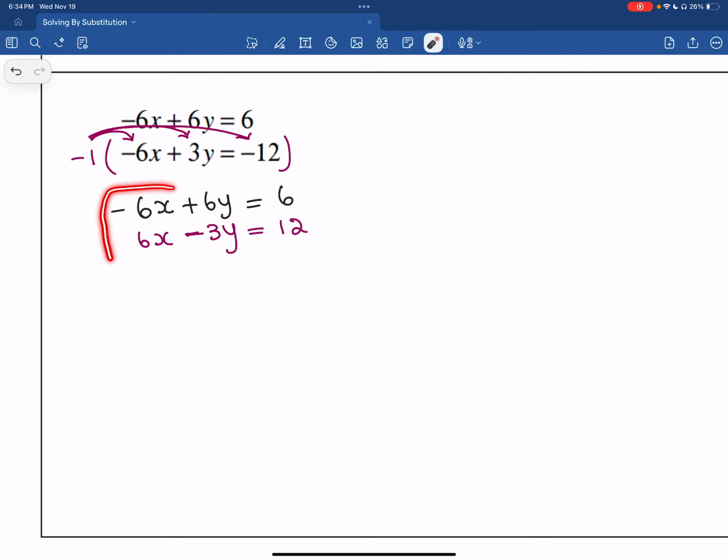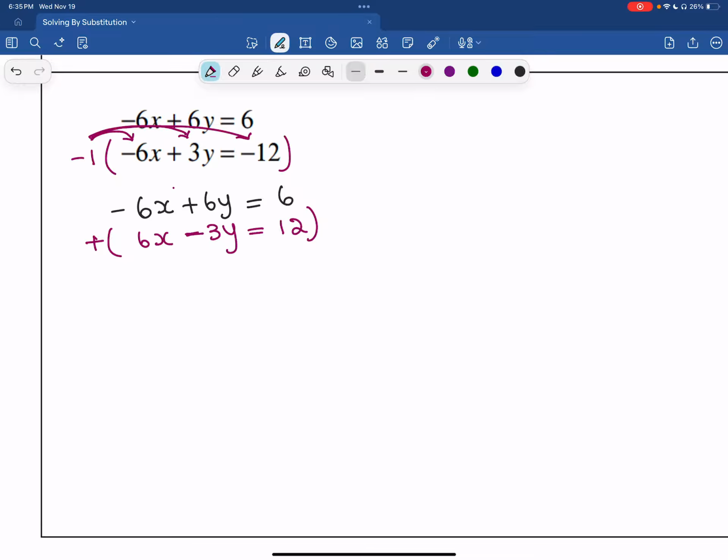Now I see that I have opposites of each other, right? I have a -6x and a +6x. So now I can use elimination to solve, right? We're still going to add the equations to each other. -6x plus 6x is going to cancel out. And that's okay that it's an x value that's being canceled out. It doesn't matter which of the variables are being canceled out, as long as one is being canceled or eliminated so that we can solve for the other.